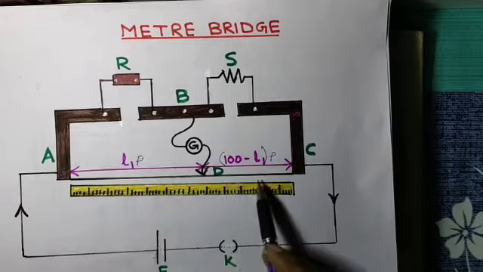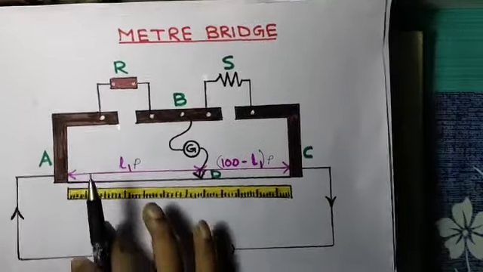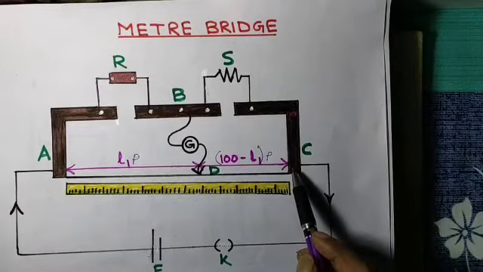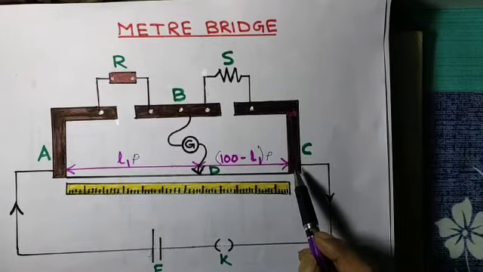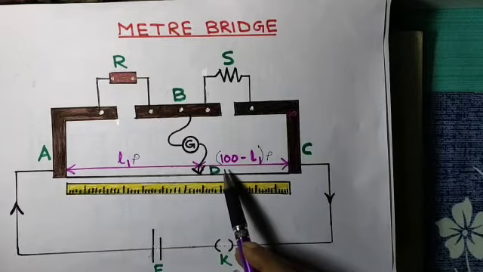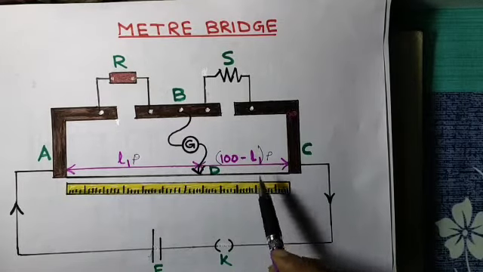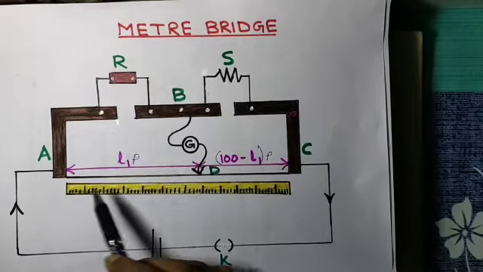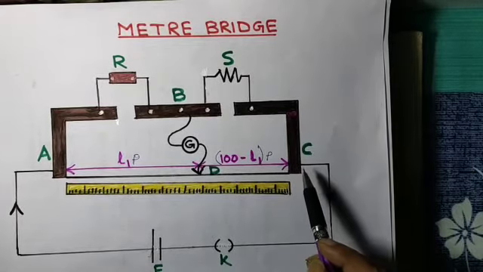One wire, which is 1 meter or 100 centimeters long, is connected between the A and C strips.